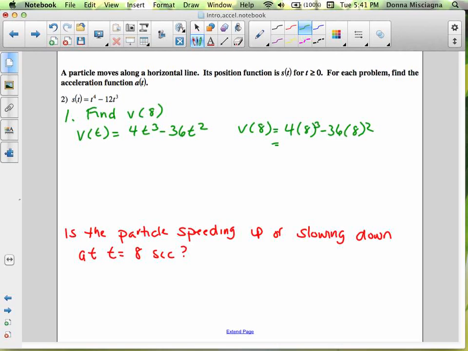Hope I have a calculator handy. 8 cubed is 512. I'm going to have to write it down because I'm not going to remember all this in my head. And 36 times 64. I can do 4 times 512. That's going to be 2,048, I think.